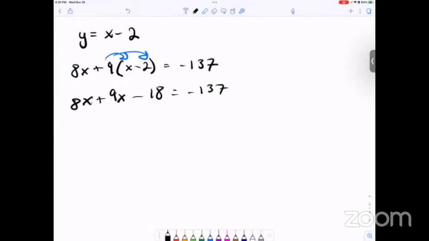17x equals negative... If there were 20, that would be 80 plus 37.